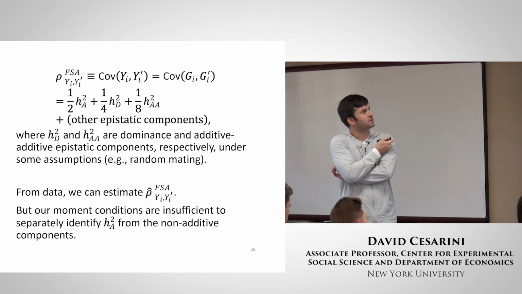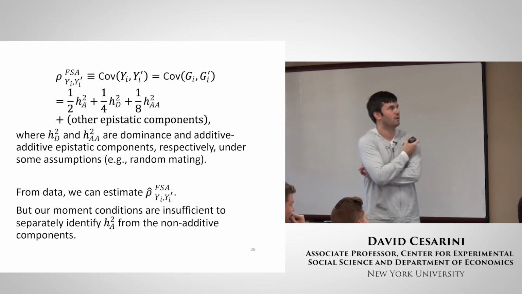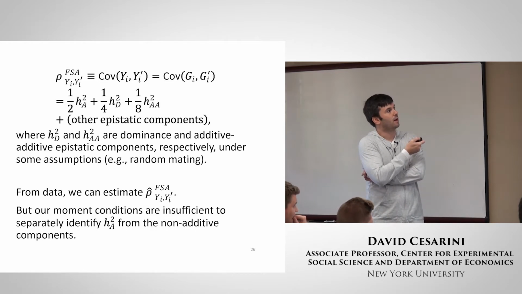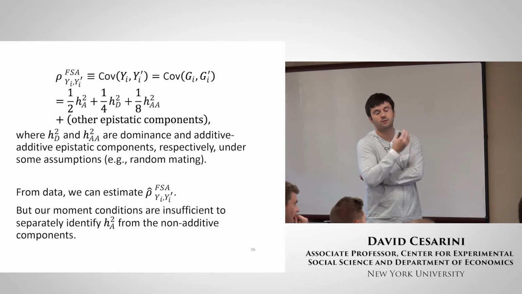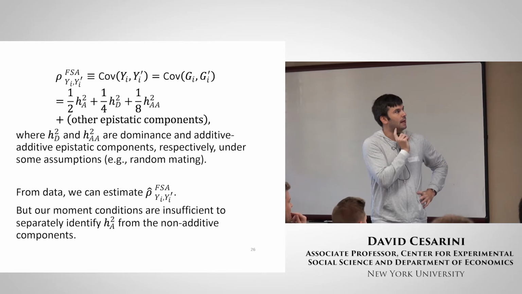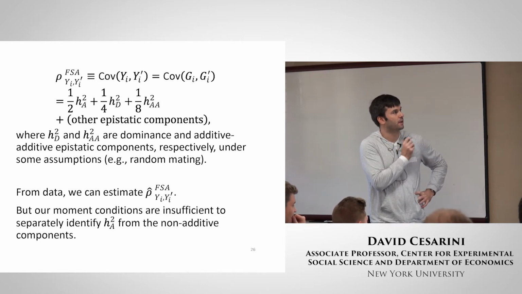And this you can then back out from, under a specific genetic model. You can break this down into very different components that allow you to make some progress towards distinguishing between narrow and broad sense heritability.